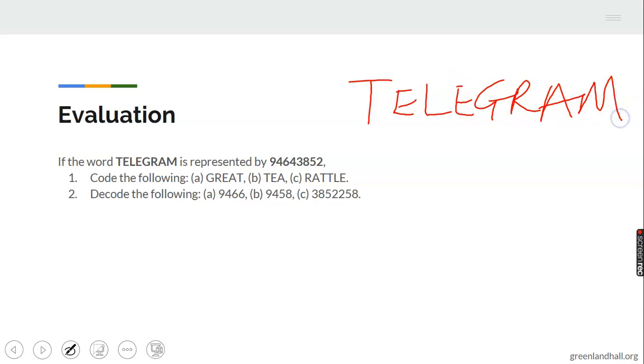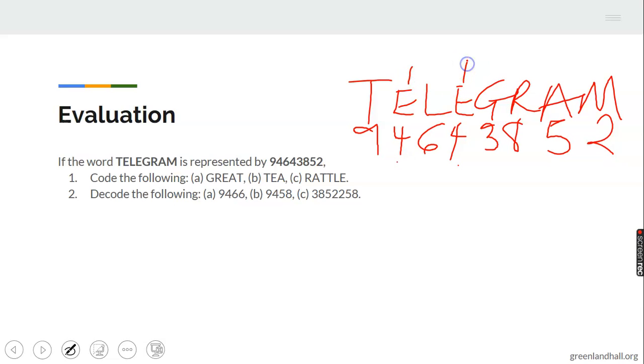Okay, telegram is represented by what? That's 94. Write it underneath it. 9464 to avoid any error. 3852. You can see that we have 4 and 4 here because we have E and E there. So the letters must have the same numbers. So that's what you do.